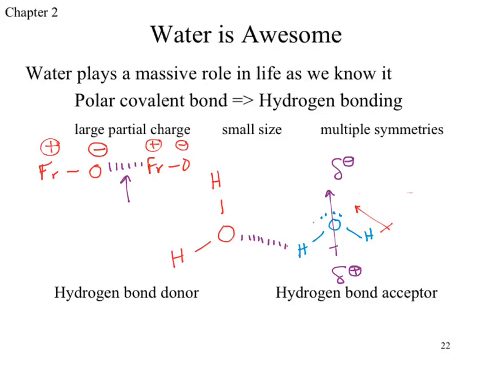Combine all of these aspects of water as one big picture, and we end up with an incredibly useful molecule that can facilitate lots of different reactions. It can even prevent other interactions because of these features. Questions on that?